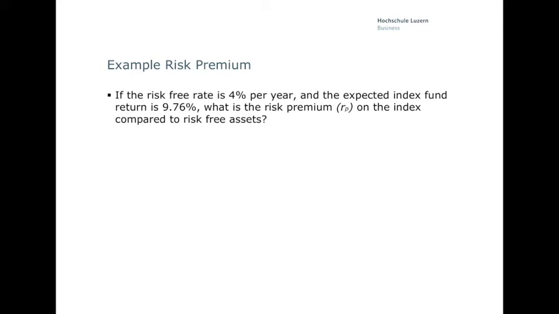The best way to understand the risk premium is by doing an example. If you have a risk-free rate of 4% per year and an expected index fund return of 9.76% per year, what will be the risk premium?